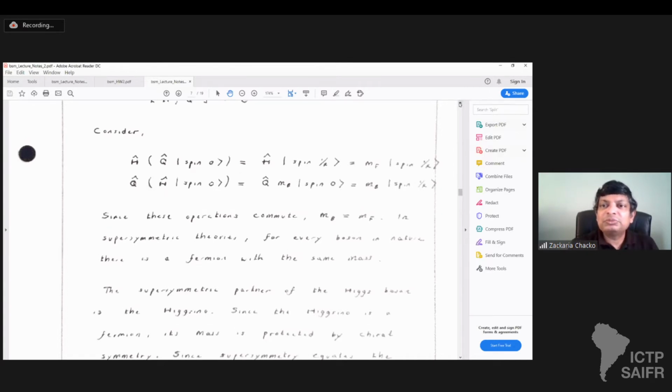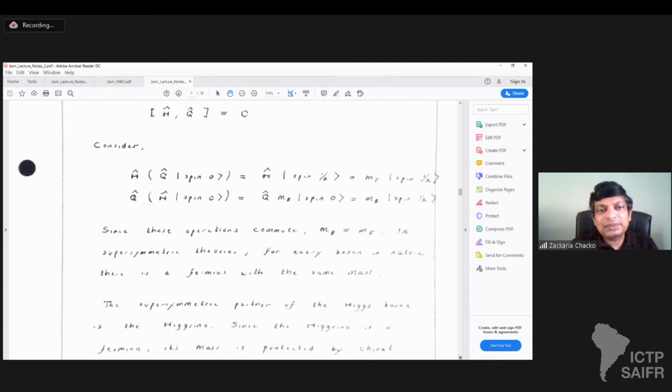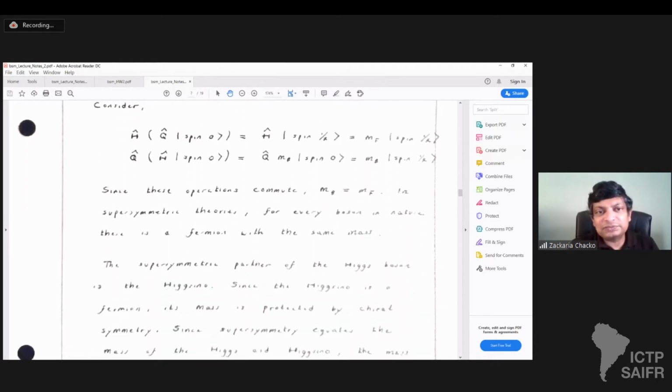But remember that these operations commute. So this has to be equal to that. And so you can see that for this to work, the mass of the spin zero particle has to be equal to the mass of the spin half particle. In other words, if there is a supersymmetric transformation that relates a spin zero particle to a spin half particle, those two particles must have the same mass.